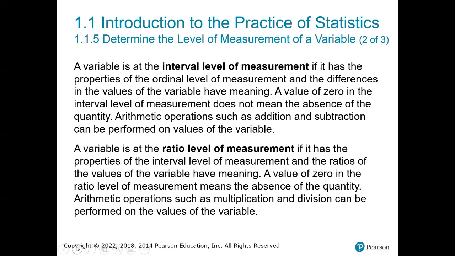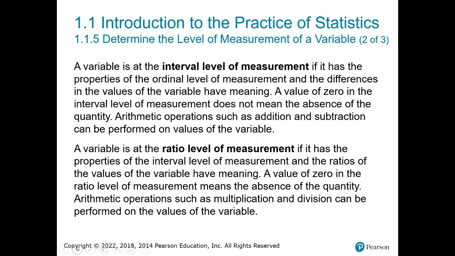Now, the next two get a little tricky. One is interval and the other is ratio. Okay, so an interval has the properties of ordinal, so there's an order to it, but I'm going to be able to measure the differences. So there's a difference between a 1 and a 5.